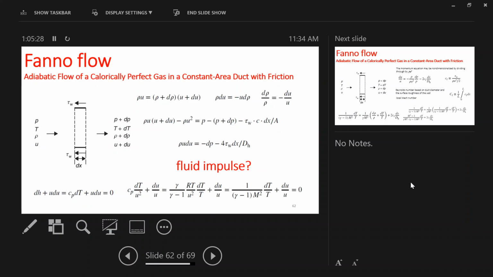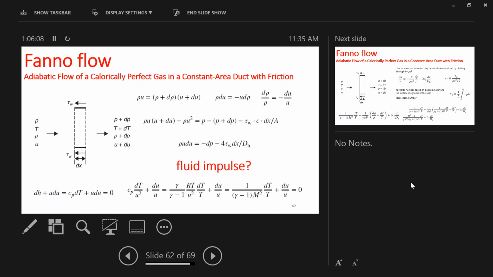Okay. Let me ask you this. If you have had aerodynamics or fluid mechanics, you should be able to answer this question. What do we use to represent the friction of a wall? What is the one parameter that is used most widely? Friction coefficient.